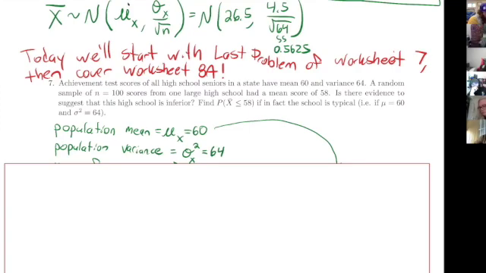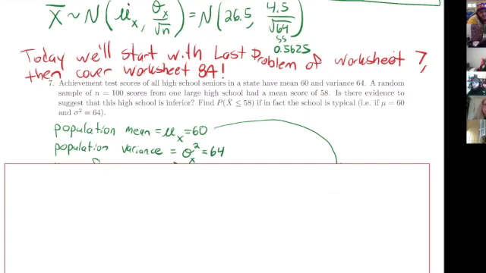And so they pick a random sample of 100 students from their school. And those 100 students have a mean of 58, which is a little bit less than the average. So it seems like these are pretty close. So the question is, how likely is it if a school is performing up to its average?